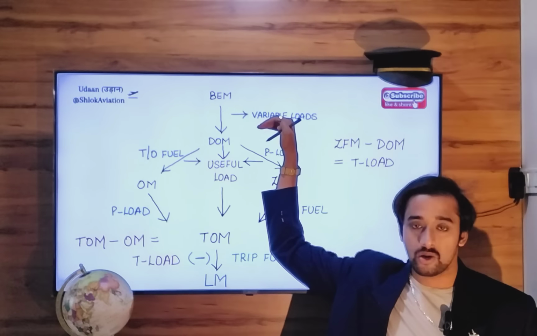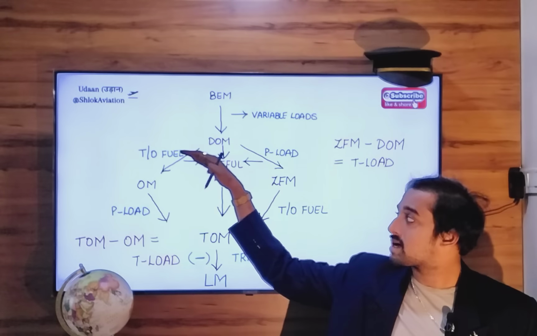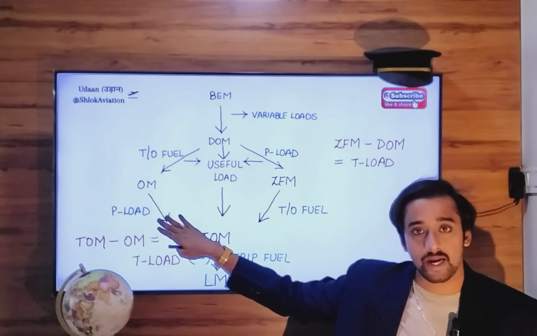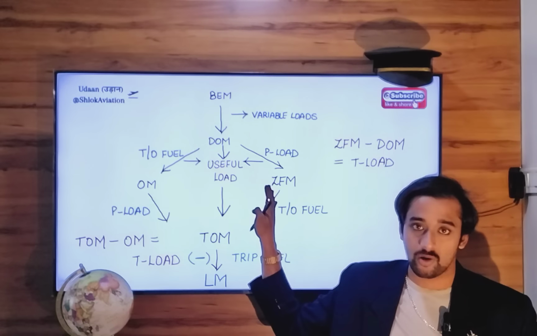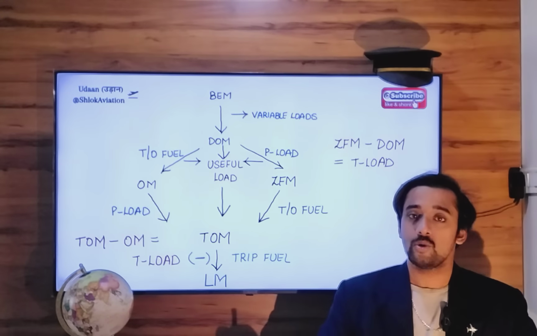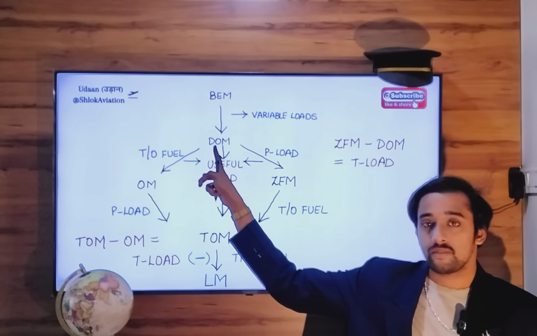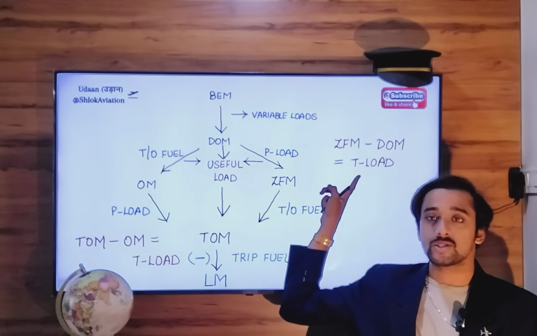When you add variable loads to basic empty mass, you get dry operating mass. Dry operating mass plus takeoff fuel is your operating mass. Dry operating mass plus payload is your zero fuel mass. So to calculate your payload or traffic load, you have to subtract DOM from zero fuel mass. So zero fuel mass minus DOM is your payload.